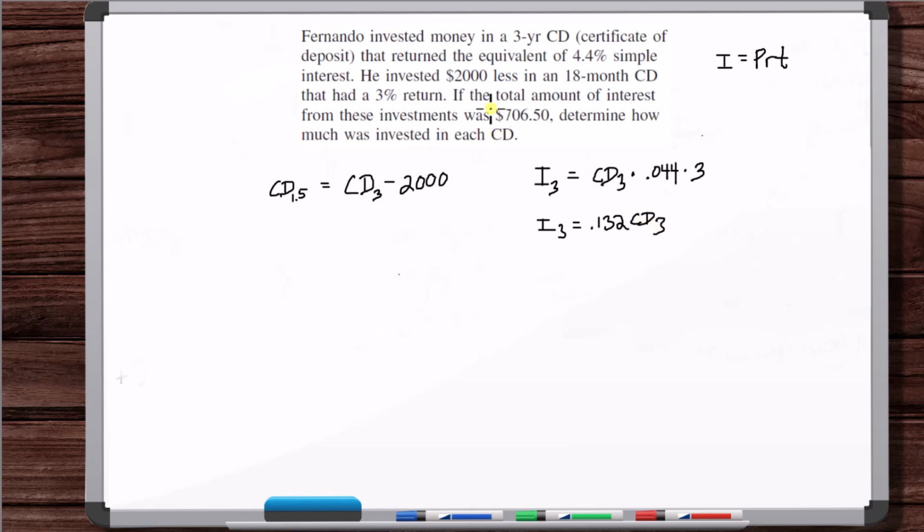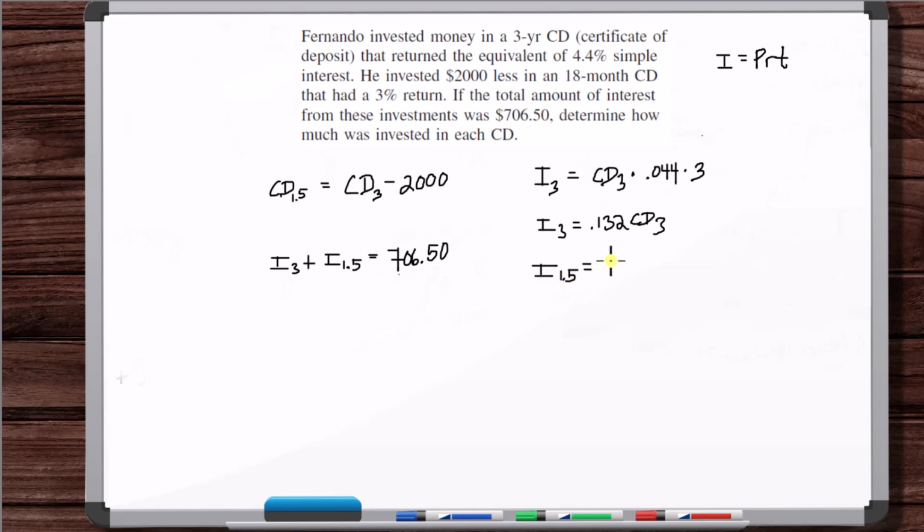Okay, let's see what else. So the total amount of interest from these investments was $706.50. So that's another easy equation. It's saying that I3 plus I 1.5 is equal to that amount. All right, so that's another equation. We have I3. What is I 1.5?